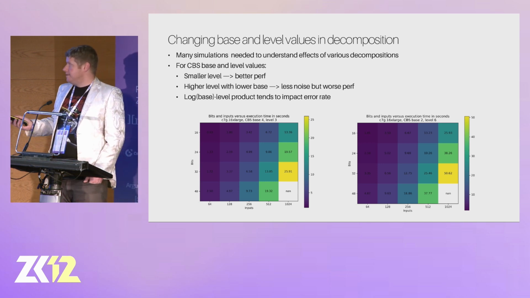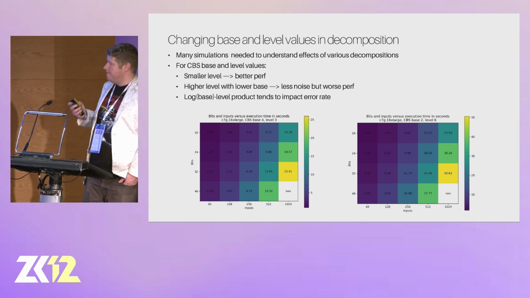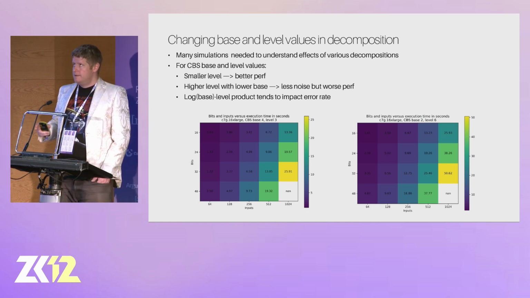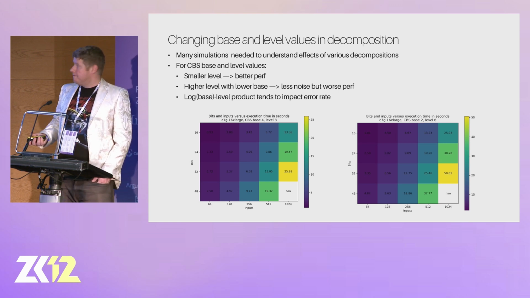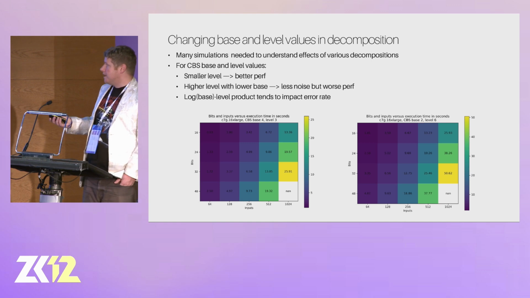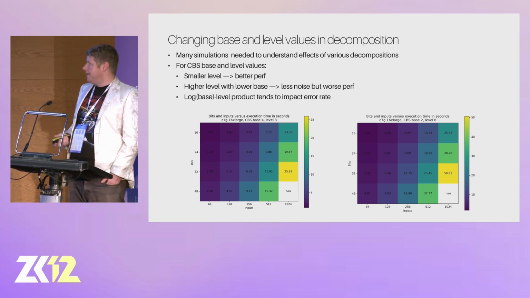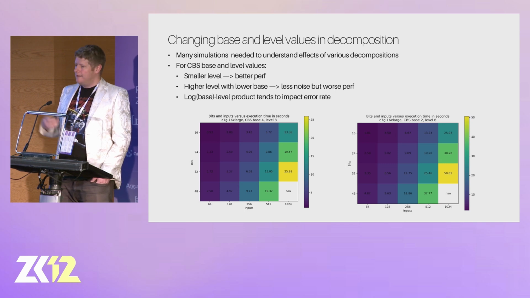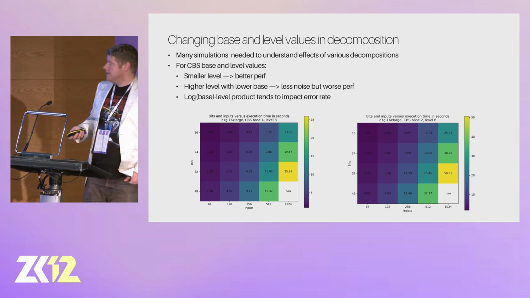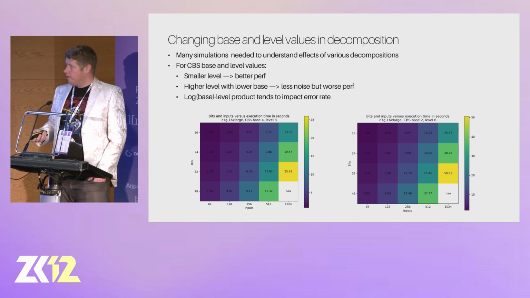And looking at the CBS base and level values specifically, if you have a lower CBS level in your decomposition, you'll get better performance, but often at the expense of more noise. Conversely, if you use a higher number of digits in your decomposition, i.e. a higher level, but with a lower base, you get less noise, but worse performance.